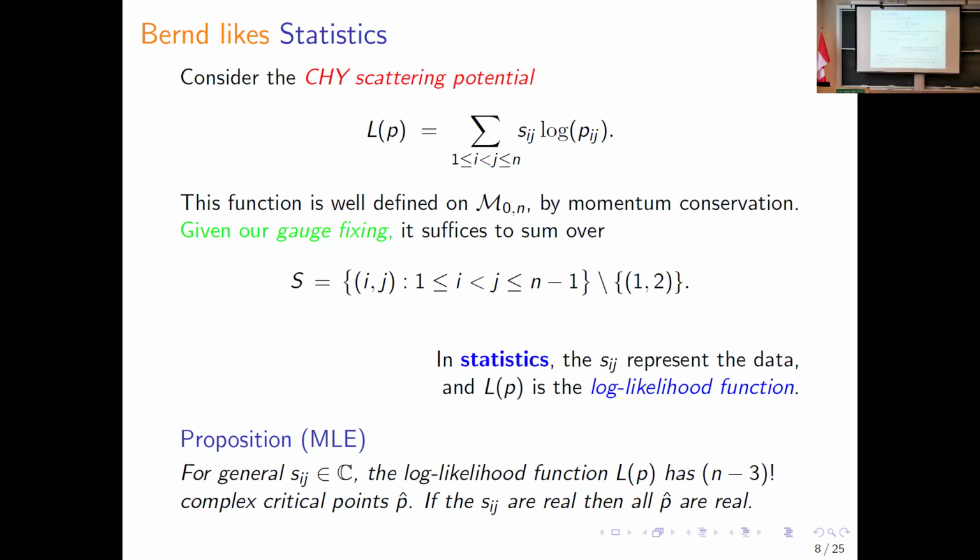Okay. So now for the third to last row. In statistics, the s_ij represent the data, and we'd like them to be non-negative integers. And then the scattering potential is known as the log likelihood function. Now, I don't think Hal is here anymore because he has to speak to some other physicists.